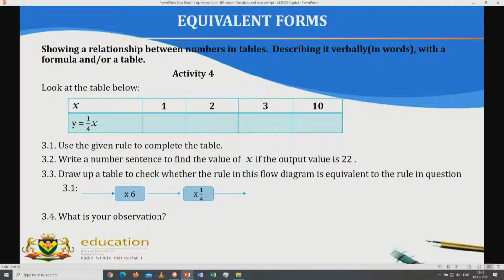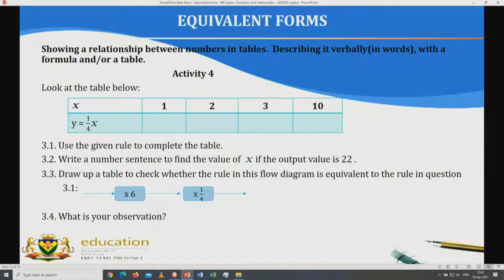Use the rule to complete the table. Now, the second one, write a number sentence to find the value of x if the output value is 22. Number 3.3, draw up a table to check whether the rule in this flow diagram is equivalent to the rule in question 3.1. Now let's work out the first one.